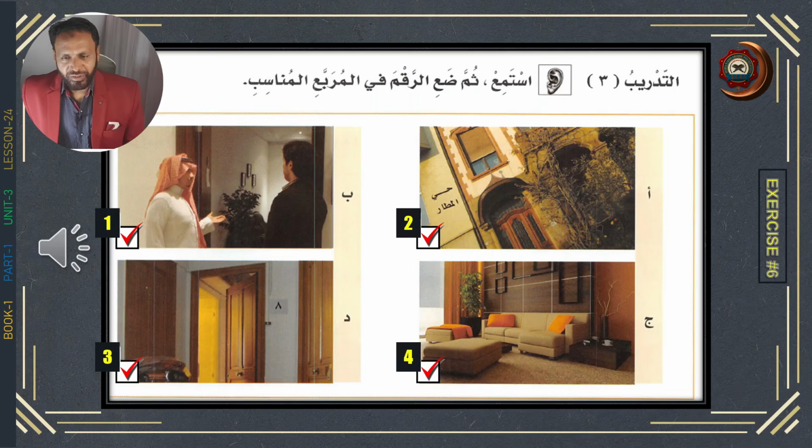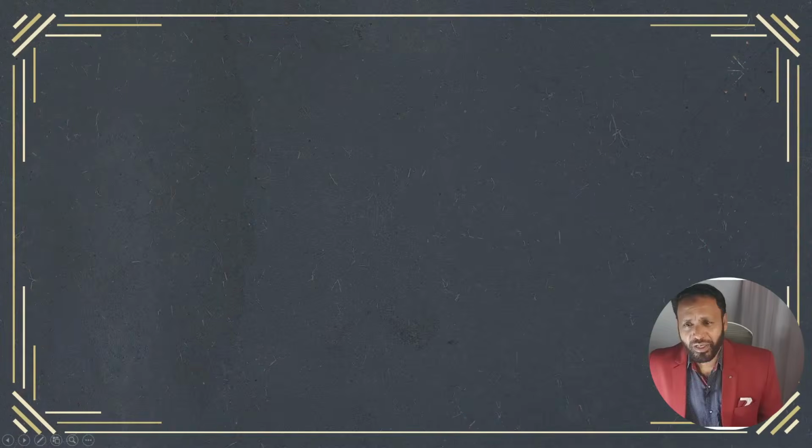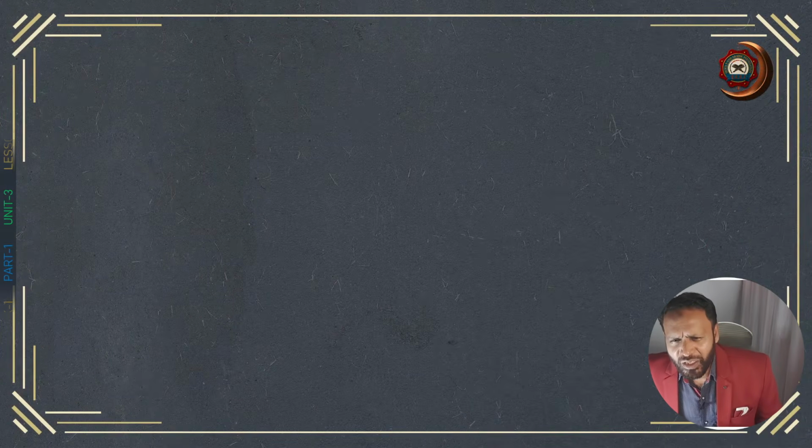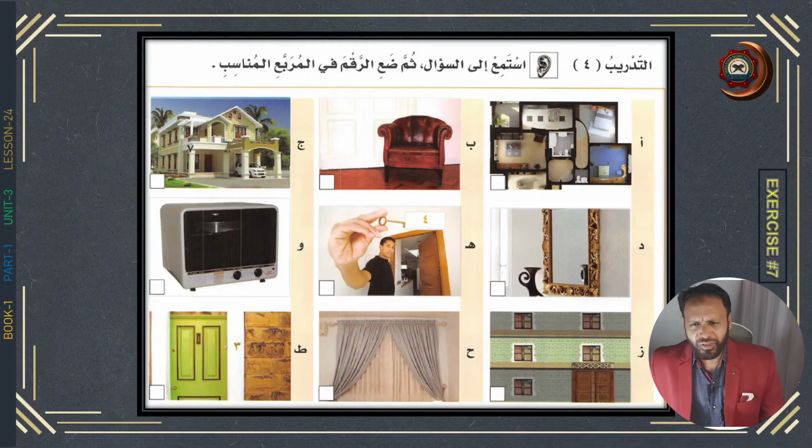Okay, let's continue further. Istami ila sual thumma darakmi fil. So this one also needs the audio. So we'll just close this. This is the one, so we need the next audio.